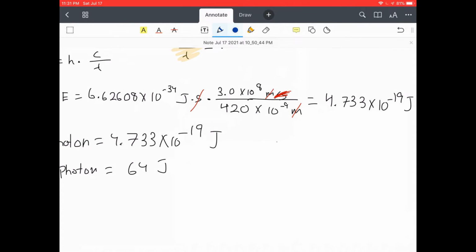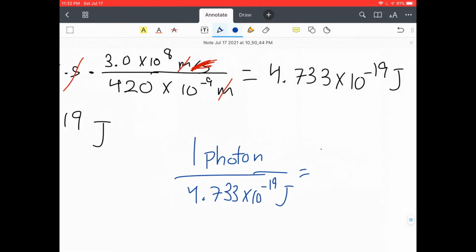So here we have one photon produces 4.733 times 10 to the negative 19 joules, and that will be equal to x photons over 64 joules.